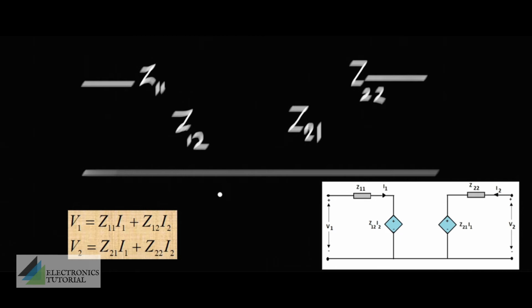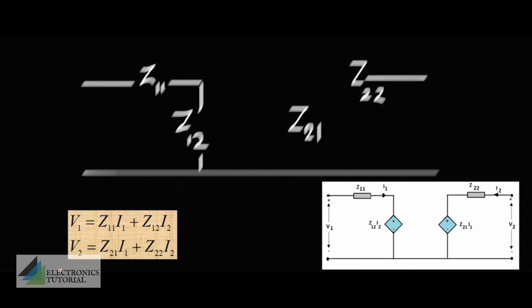We know for a practical voltage source, the resistance is seen in series with the source. So we can complete this as a series connection. Z11 is connected in series with this voltage source.